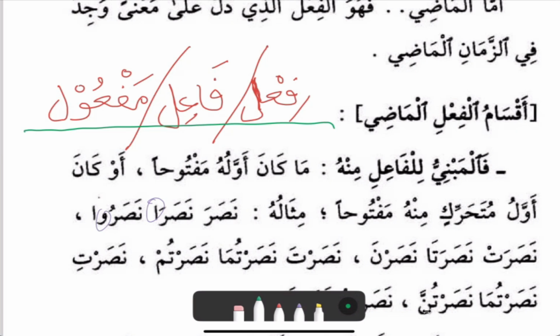So if you have a doing, then you must have what? A doer. Yes. That's a rational judgment, a mental judgment. You don't necessarily have to have a receiver. We discussed that. So, a doing and a doer. If you have a fi'l, this fi'l is accommodating a fa'il, a doer.